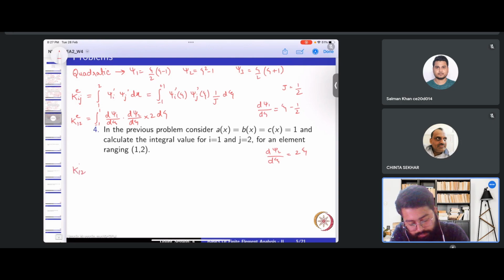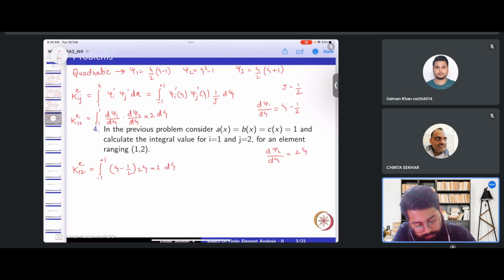So K12 is the integral from minus 1 to plus 1 of zeta minus half times 2 zeta times 2 d zeta, which is 4 zeta square minus 2 zeta.